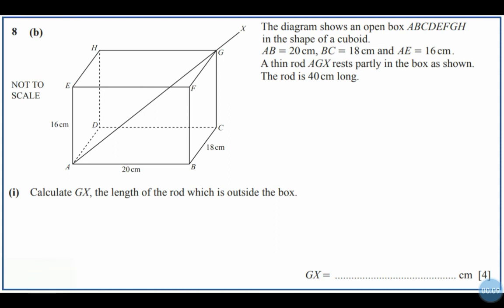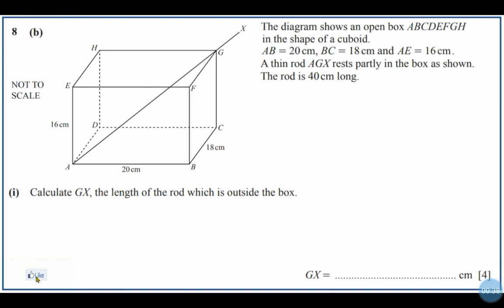So if you know that AX is 40 centimeter long, you need to find out the measurement of AG. If you find AG, you can subtract that measurement from 40 centimeter, and you will find the length of GX.